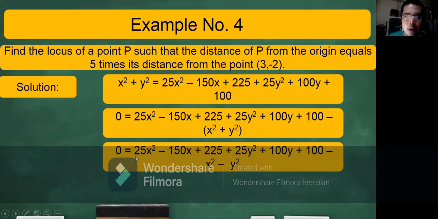So this becomes 25x squared minus 150x plus 225 plus 25y squared plus 100y plus 100 minus x squared minus y squared.